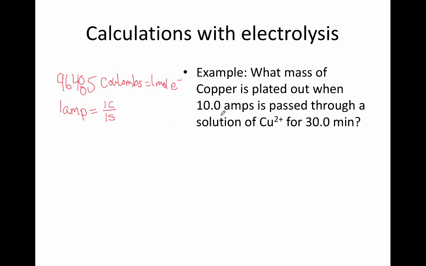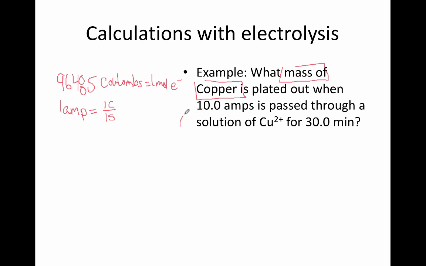So let's go ahead and start. We are looking for mass of copper. So go back to boxing what we're looking for. We're given two different numbers here. So how do we know which one to start with? Well, remember that I said that an amp is really 1 coulomb per 1 second.